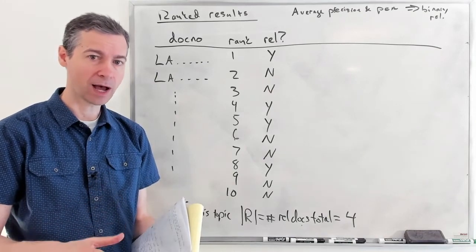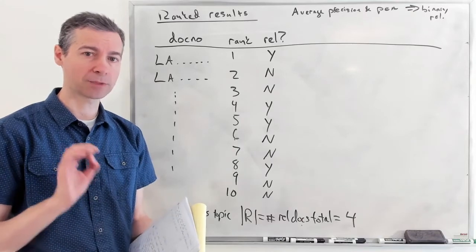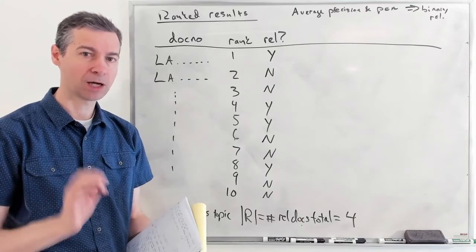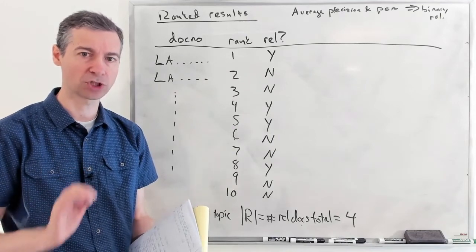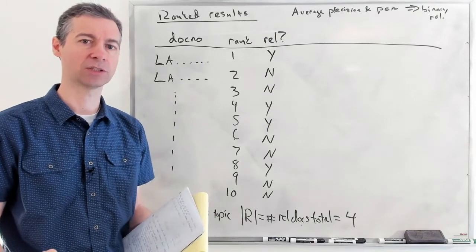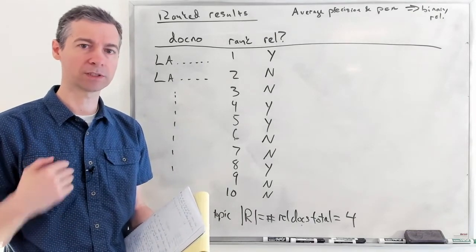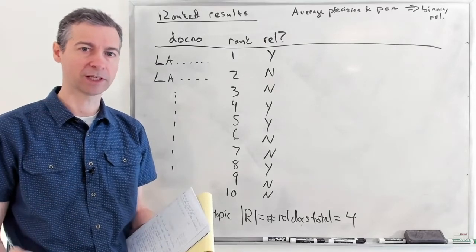It is not. The number of relevant documents for the topic comes from the QRELs file, the relevance judgments file. It's part of the test collection. It's not part of your run, not part of your system.